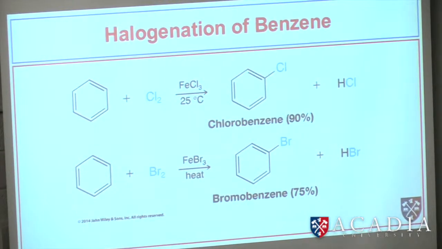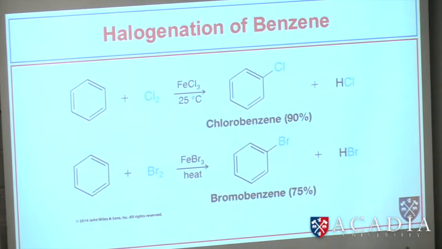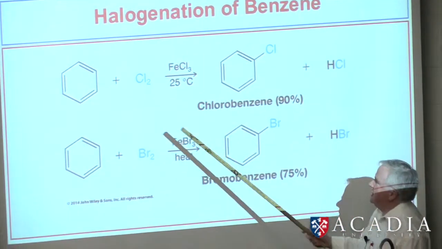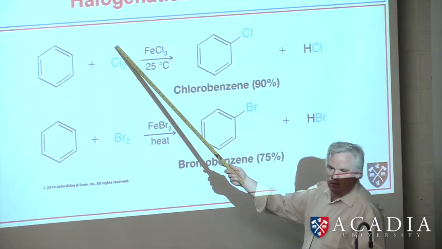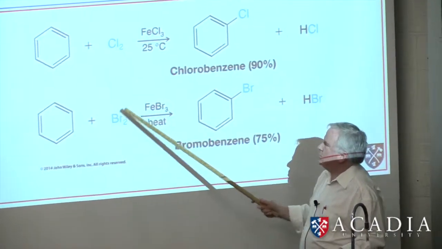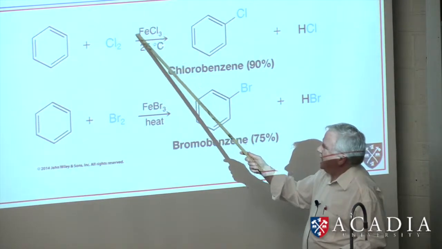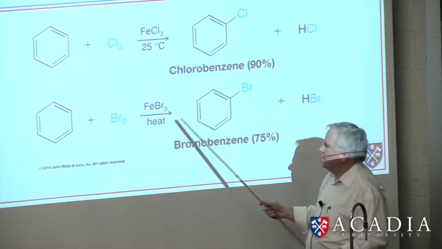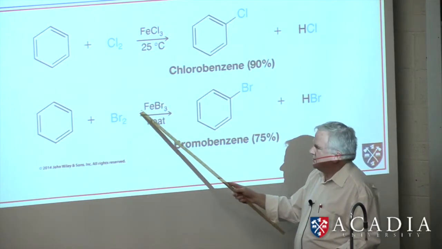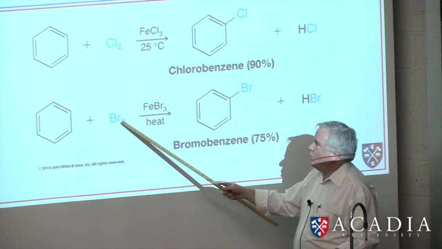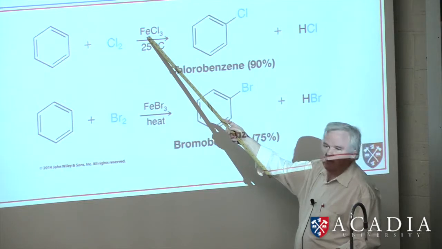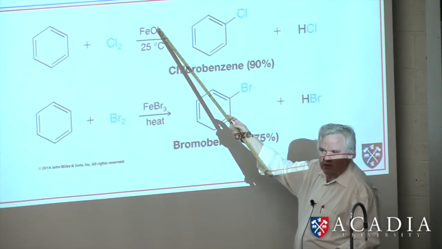So let's take a look at a specific reaction. We can halogenate benzene by taking the halogen, Cl2 or Br2, in the presence of a catalyst. We typically use iron chloride if we want to do a chlorination, iron tribromide if we want to do a bromination. We also can use aluminum trichloride as the catalyst. It works as well.